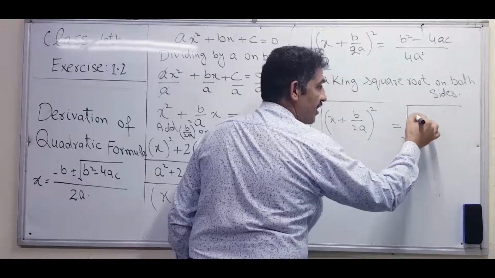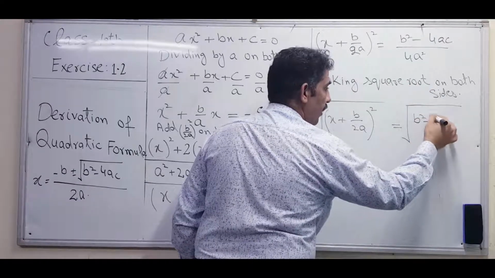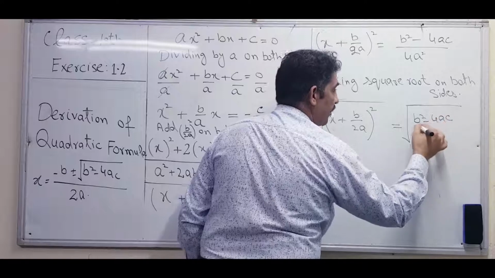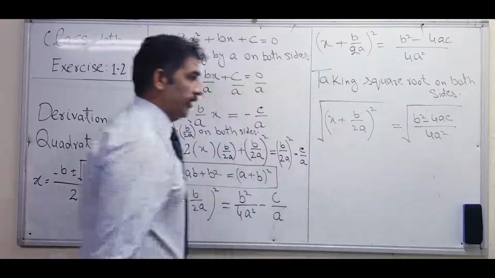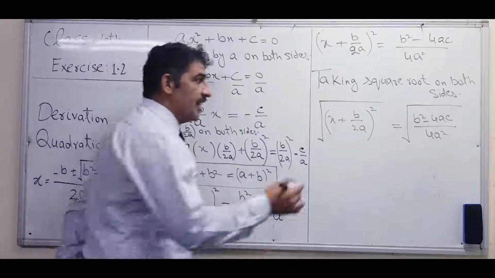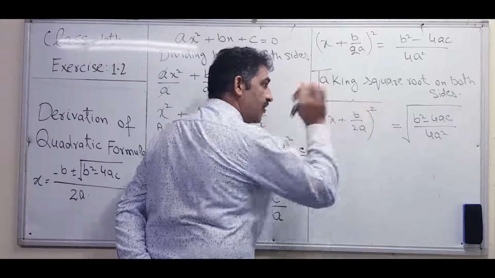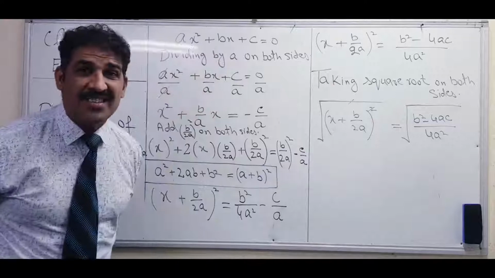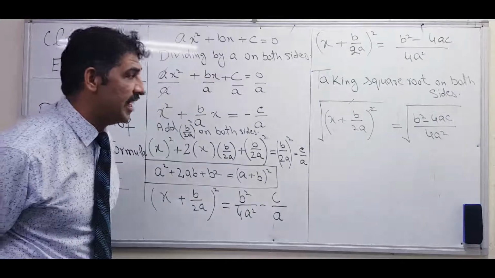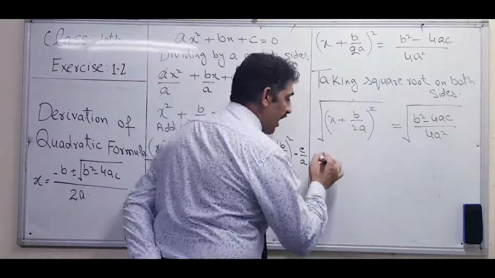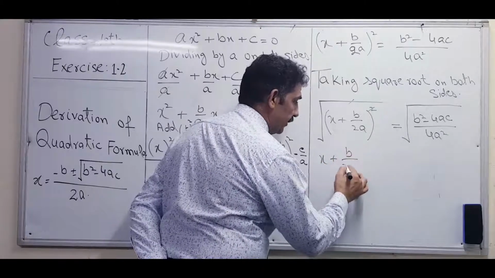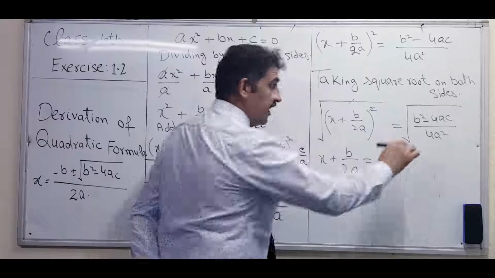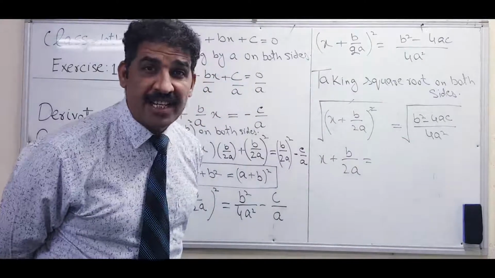Right hand side, what is that? B square minus 4ac over 4a square. The left hand side square cancel by this square root, but the right hand side, what is the simplification of the right hand side? Meanwhile, I am writing that one, so you have to give me the answer. Yes, what is the simplification of right hand side?